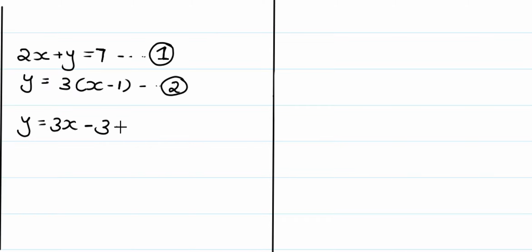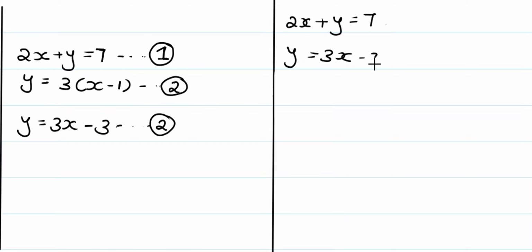Now we have opened the brackets, so that becomes our new equation 2. Then we pick the first equation, which was 2x + y = 7. Then this equation 2 now is y = 3x - 3.